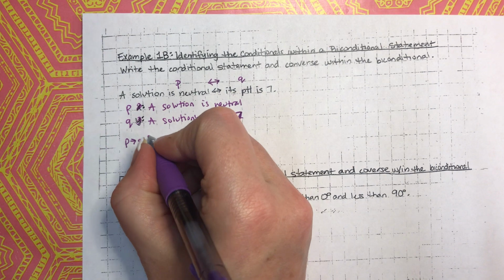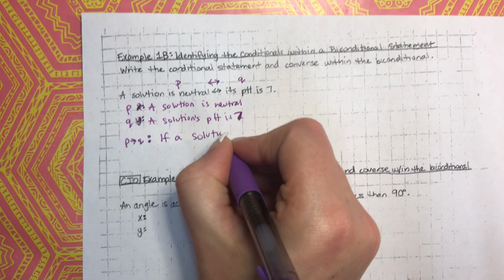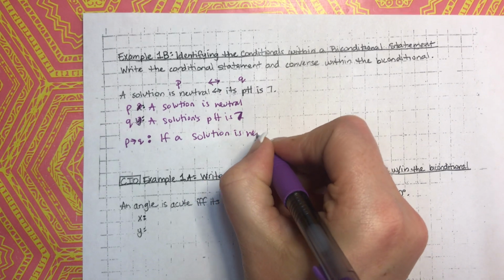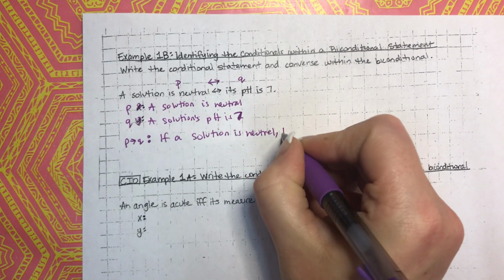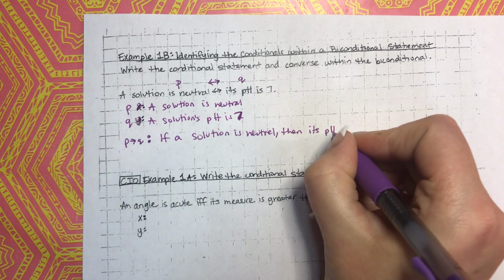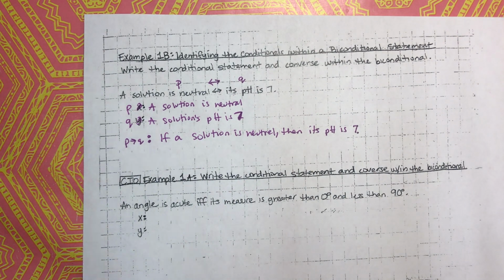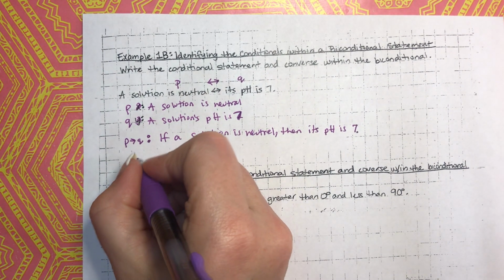So if a solution is neutral, comma, then its pH is 7. So there's our conditional. Then we do the converse.